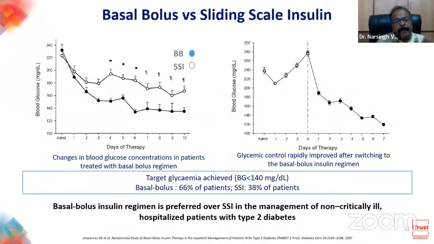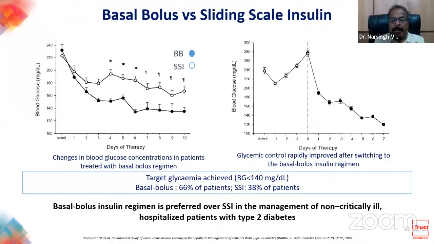Now, this slide compares the basal bolus versus sliding scale insulin. And here you see the basal bolus and sliding scale. And see here the results. If you see the result, the changes in blood glucose concentration in patients treated with the basal bolus regimen are better controlled than with the sliding scale.